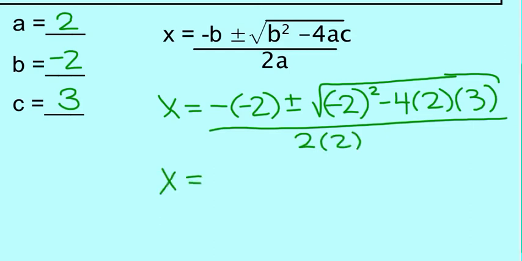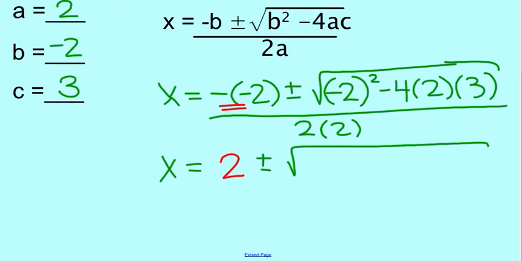A negative negative here turns that to a positive 2, plus or minus the square root. Negative 2 times negative 2 is positive 4. And then negative 4 times positive 2 times positive 3 is negative 24.